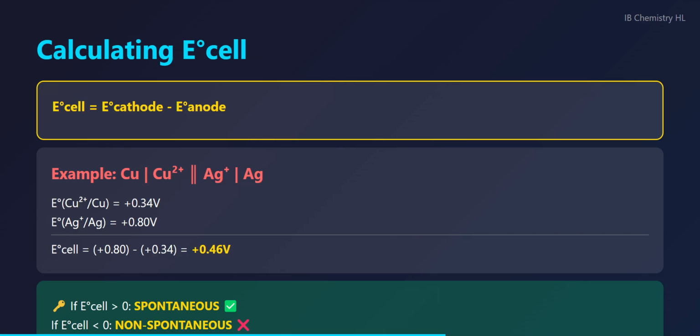Using the formula, E0 cell equals E0 cathode minus E0 anode. Substituting the values, 0.80 minus 0.34 equals +0.46 volts. A positive cell potential indicates the reaction is spontaneous as written. Remember, if E0 cell is positive, the reaction is spontaneous.